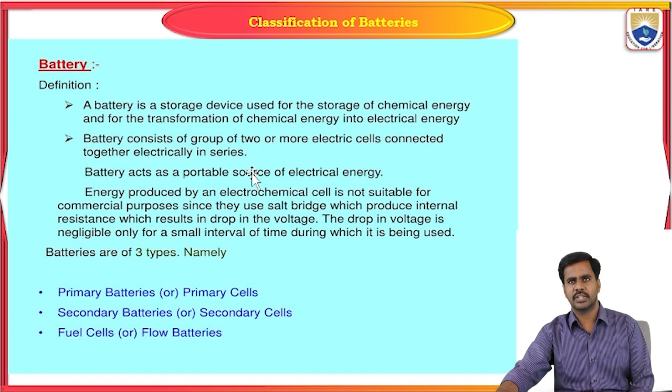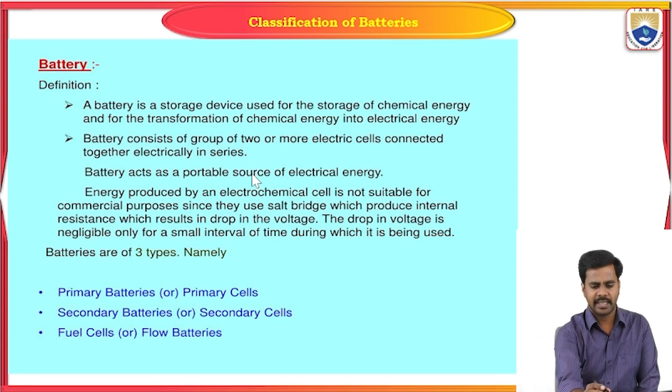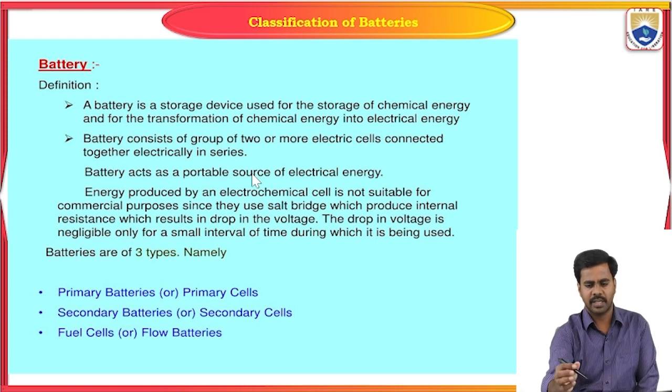So a battery consists of a group of electrical cells connected together in series. A battery acts as a portable source of chemical energy.